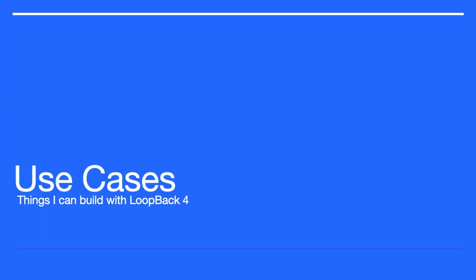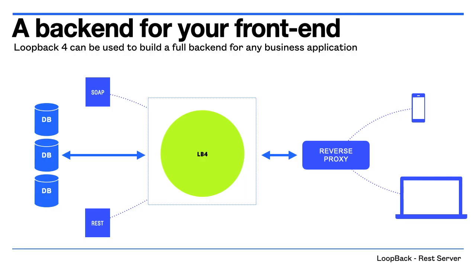What are the use cases for LoopBack 4? So what can I build with LoopBack 4? Well, I can build line of business applications, like monolithic applications, the ones that you have probably been developing for a long time. You can have LoopBack 4 in this case interact with SOAP services, with databases and other REST services.